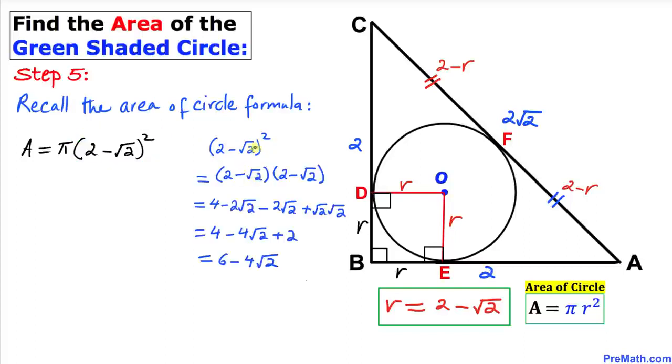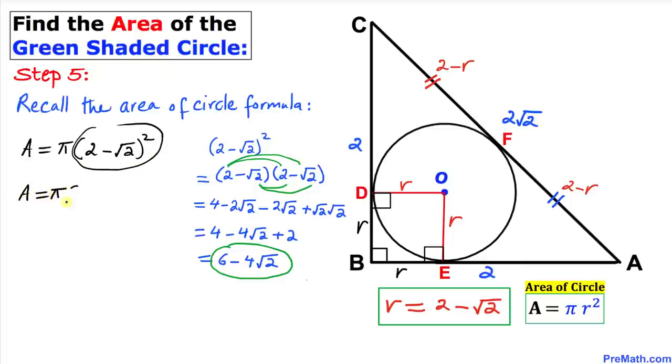And then we can put this square as the product of this one twice. And let's do the double distribution. We call it the FOIL method, and here we multiplied this one out, and here our simplified answer turns out to be 6 minus 4 times square root of 2. So that means this part could be written as area equal to pi times 6 minus 4 times square root of 2, and that is our area.